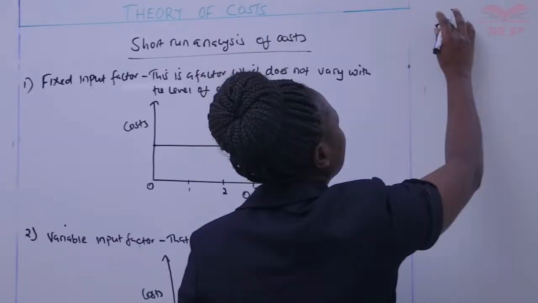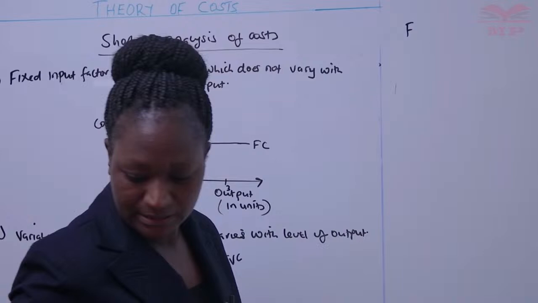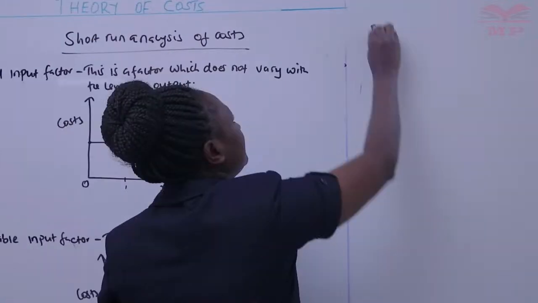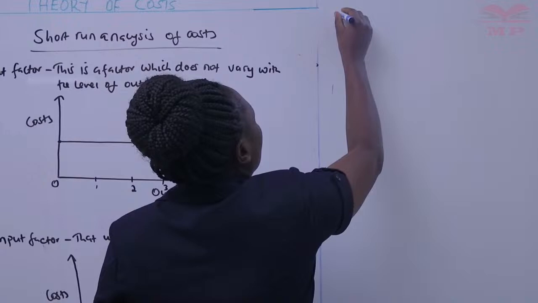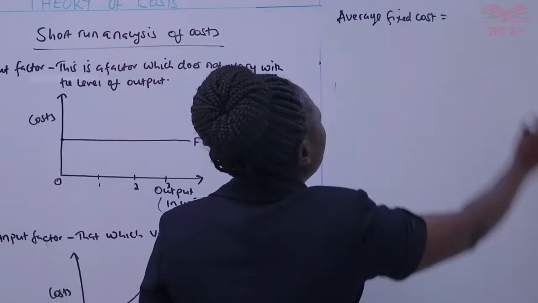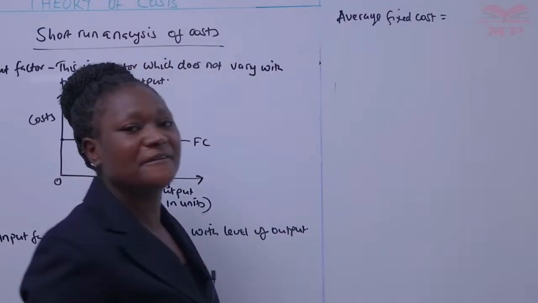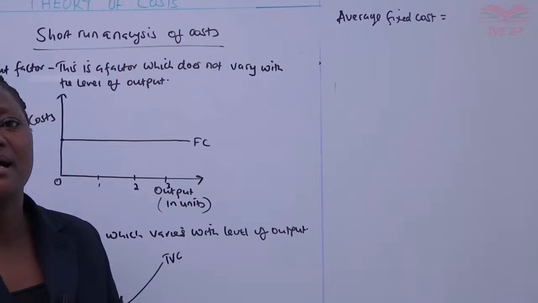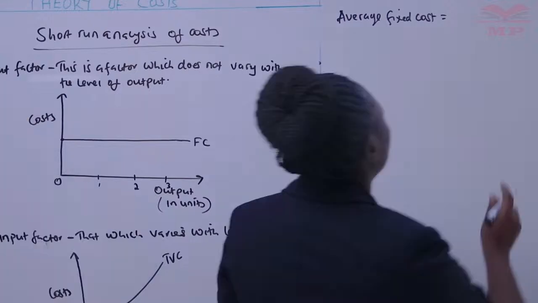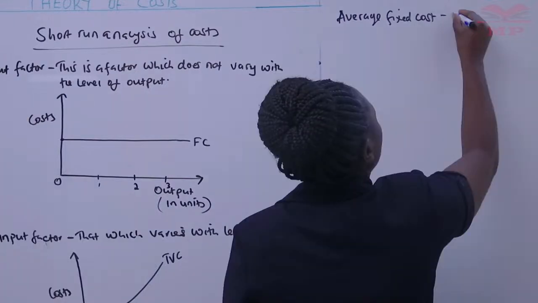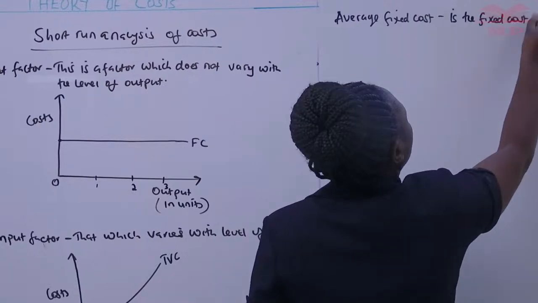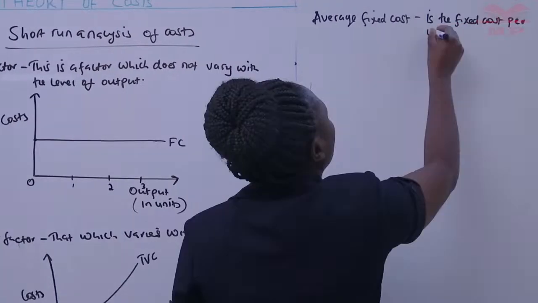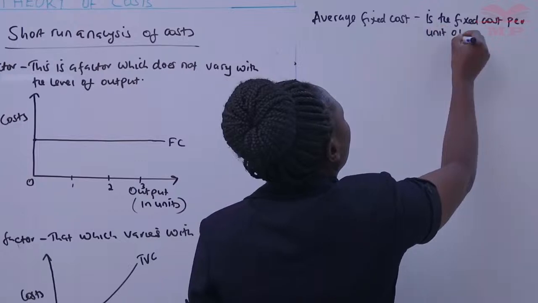Then we have average fixed cost. What is average fixed cost? Average fixed cost is simply the fixed cost per unit of output.